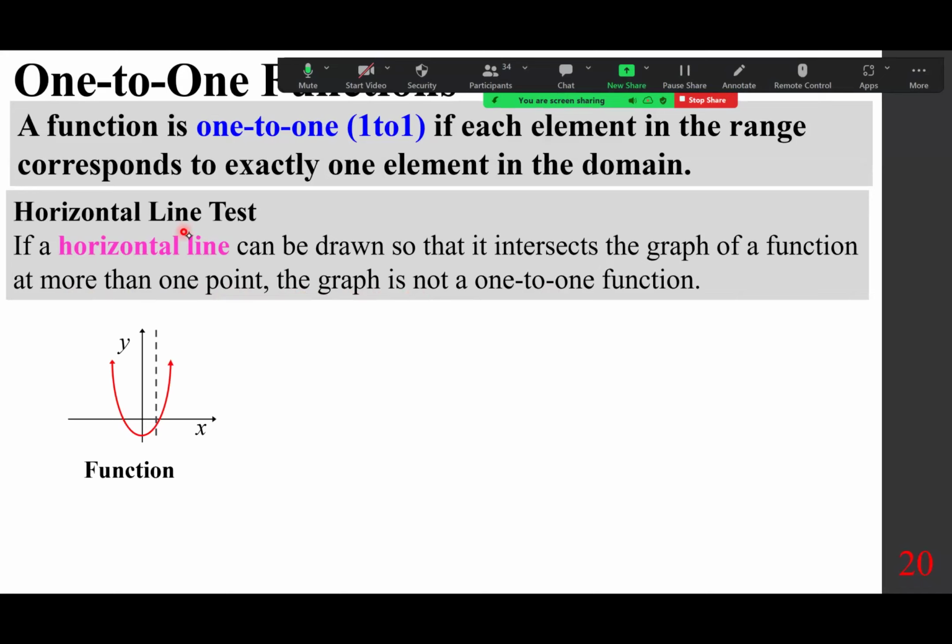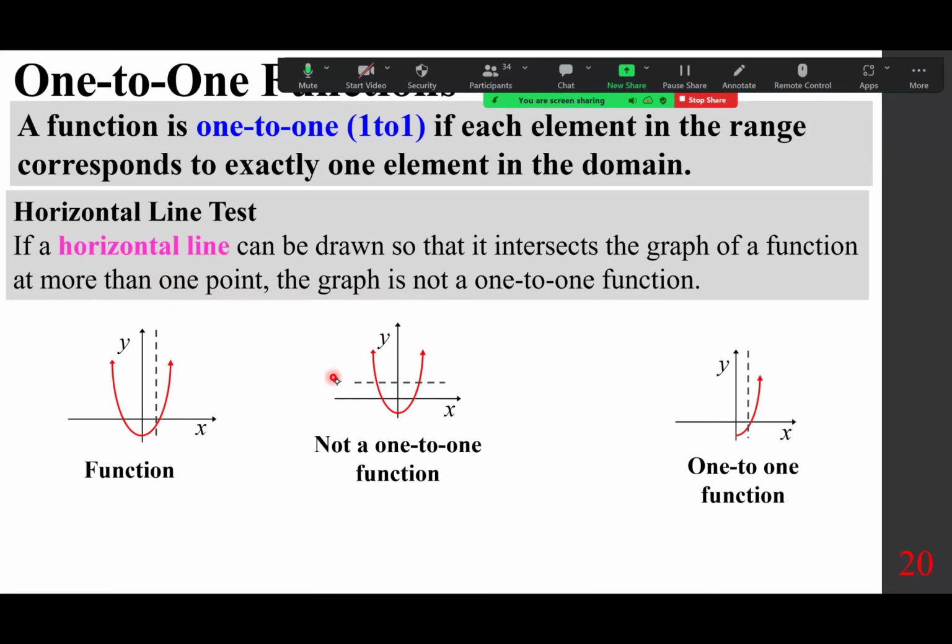There is no vertical line that crosses the graph more than once. However, it is not a one-to-one function because a horizontal line crosses the graph more than once. However, you can cut it into two pieces, the right piece and the left piece. Each one becomes a one-to-one function.